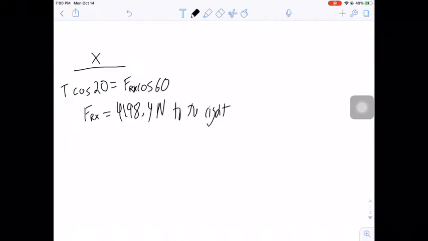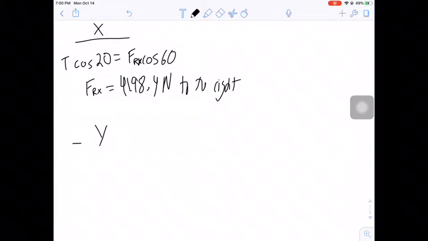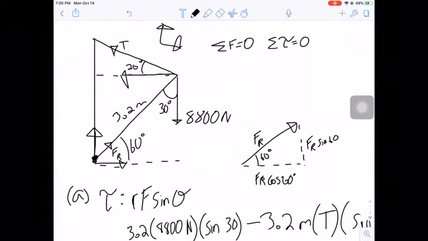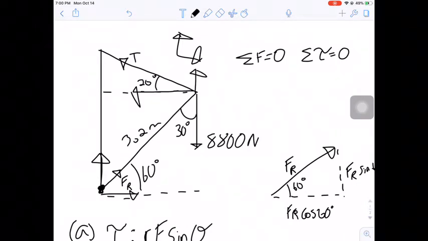Now we do our y direction. All the ups have to equal the downs. The up forces we have are the tension and FRY, which we're solving for, and then we have the downward force of the shark.